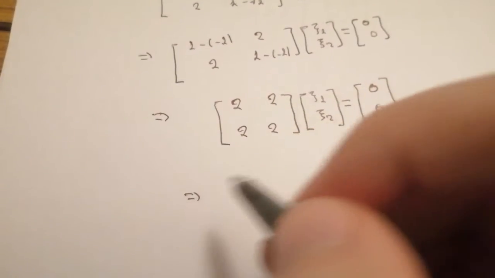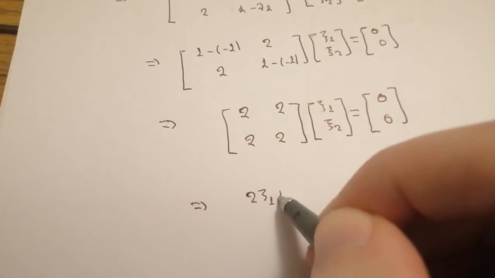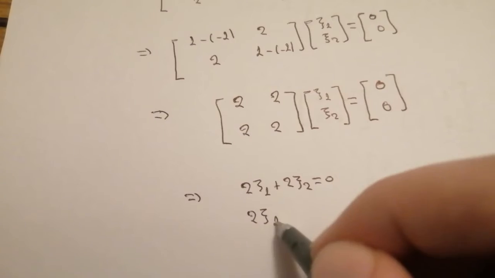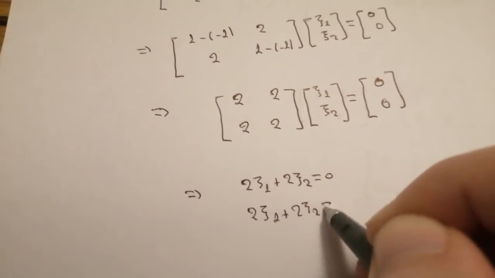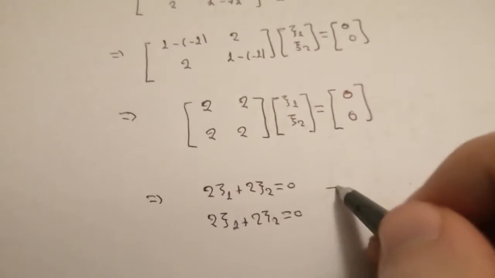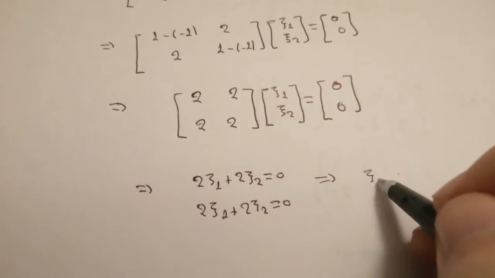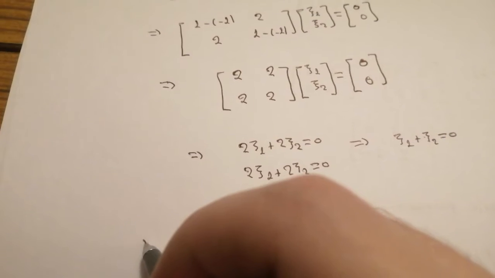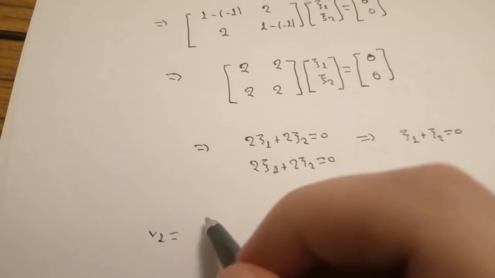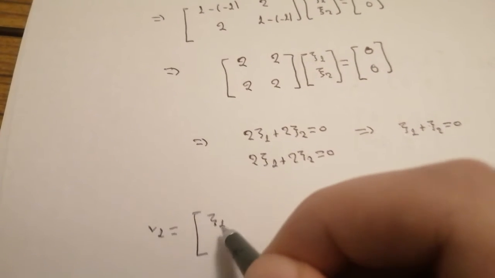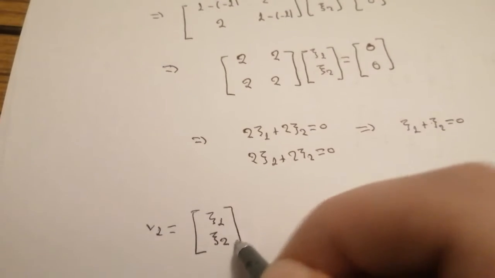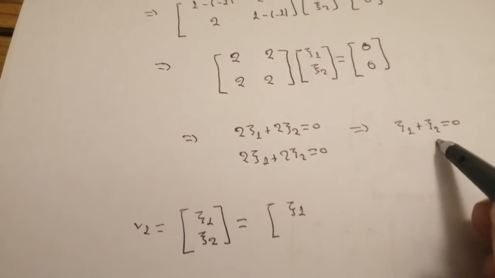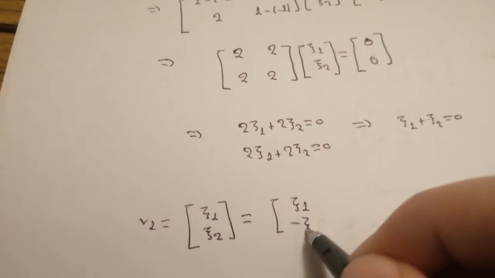What we obtain from there is 2 xi 1 plus 2 xi 2 is equal to 0. It is evident that this is just xi 1 plus xi 2 equal to 0. So the eigenvector v1 is of the form xi 1, xi 2, where xi 2 is minus xi 1.